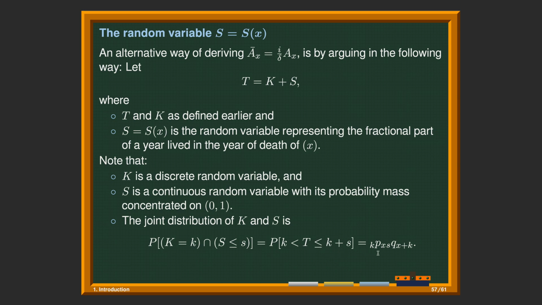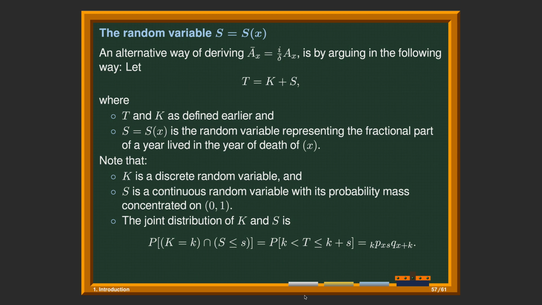So, from our discussions in the first chapter, we said that this is actually the probability that a person aged x survives for k years, which is this, times the probability that a person aged x plus k will die within the next s periods of time. So kpx times sqx+k.